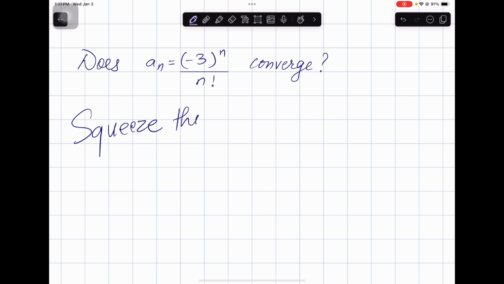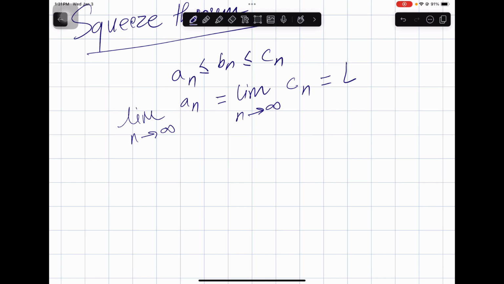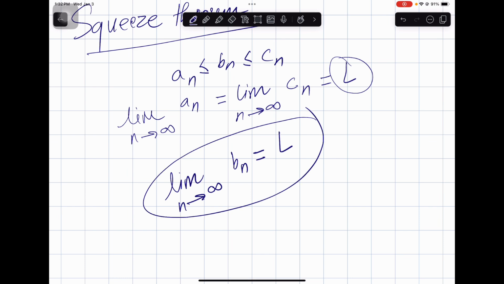The squeeze theorem states that if you have three sequences in this order, and if the limit of a_n as n goes to infinity is equal to the limit of c_n, if they both are equal, let's say they are L, then we also know that the limit of b_n is also equal to the same number. So this is what the squeeze theorem says.